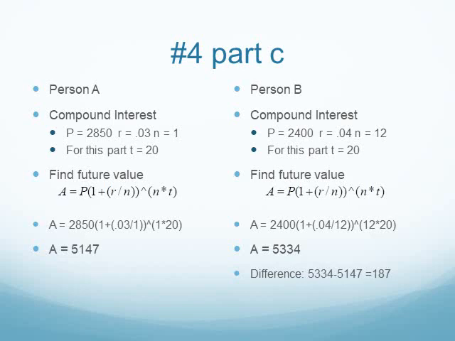You get 5,147 for person A. For person B, again, the only thing that changed is this 20 here. 5,334 for person B, and now the difference is $187 in person B's favor. Finally, they have made more off of their investment than person A.